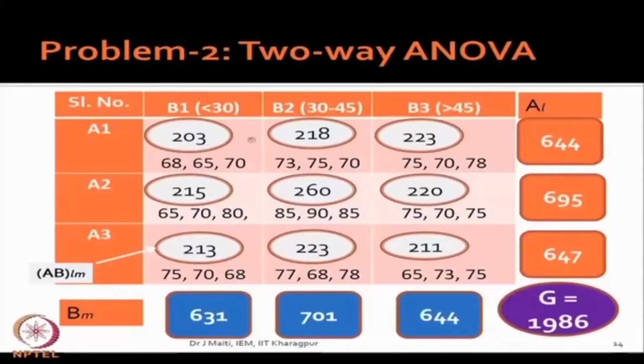So, you can see that 203, 218, 223, 215, 260, all those are the totals in each cell. We denote that by AB LM. So, AB11, now AB12, AB13, like this.